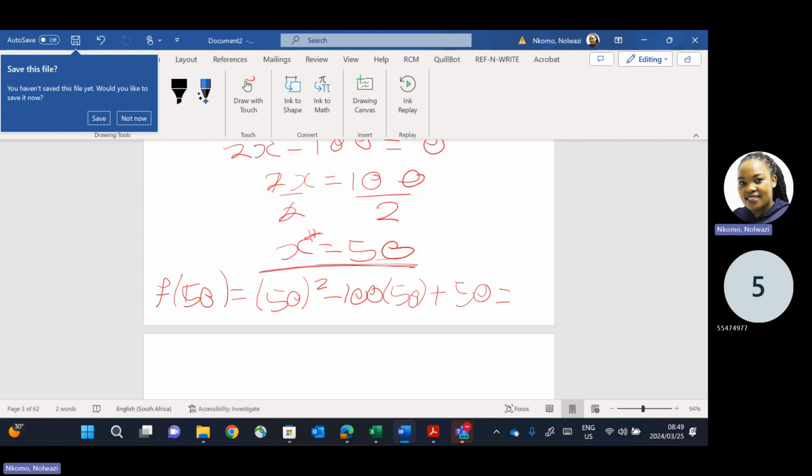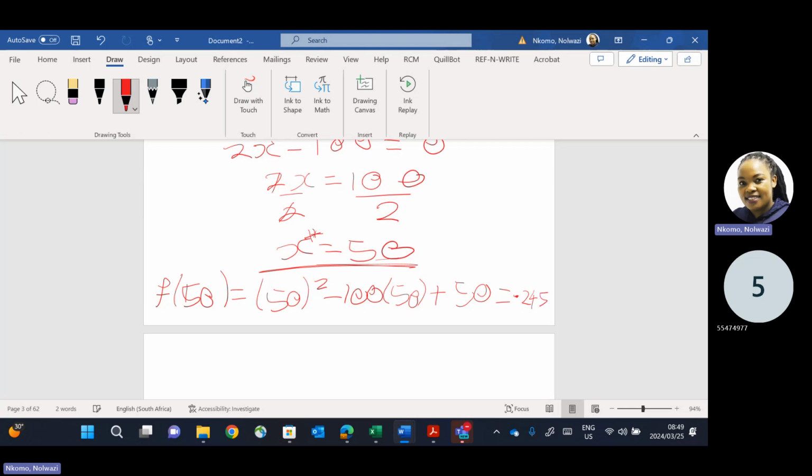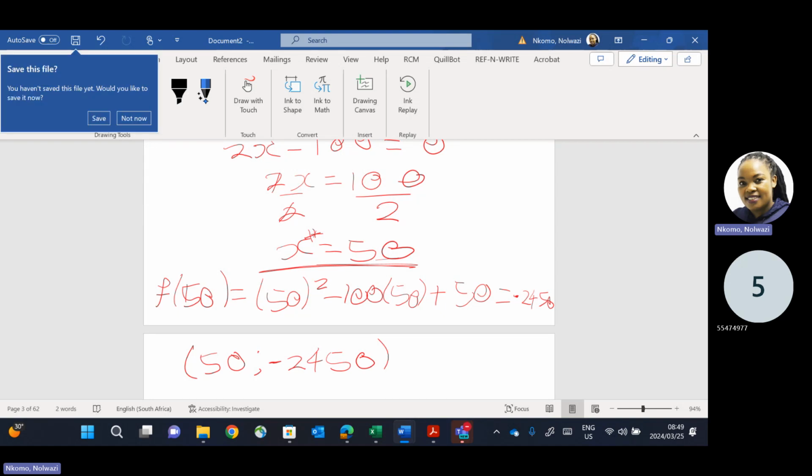We have plus 50. If you sum that up, you will have minus 2,450. That means f of 50 is minus 2,450, and this is our stationary point.